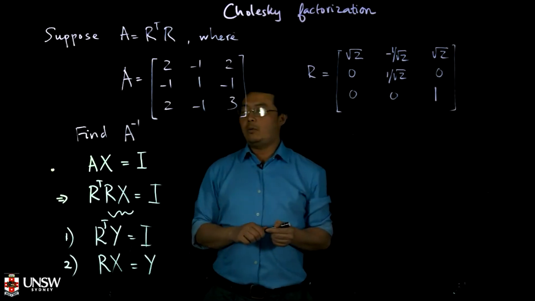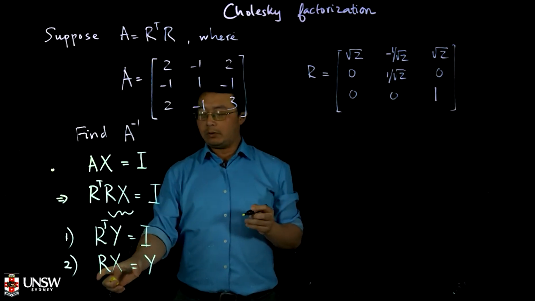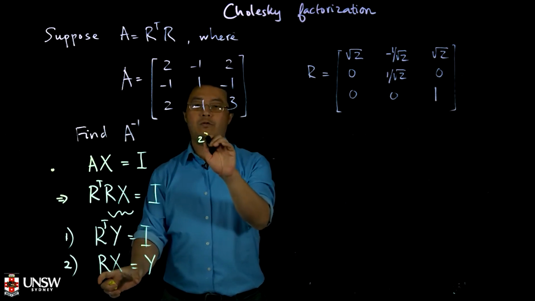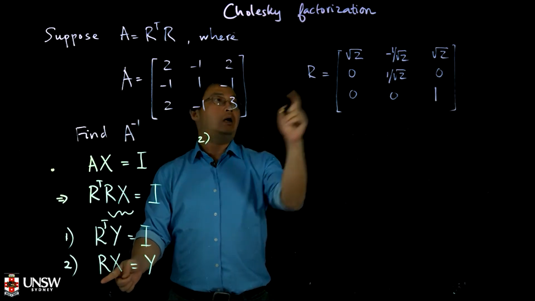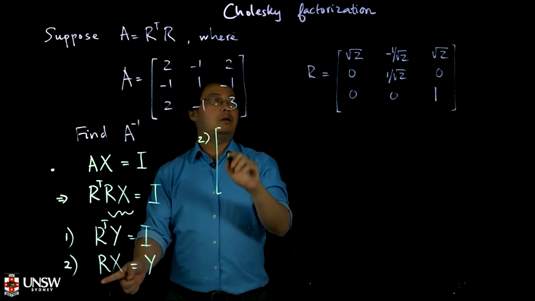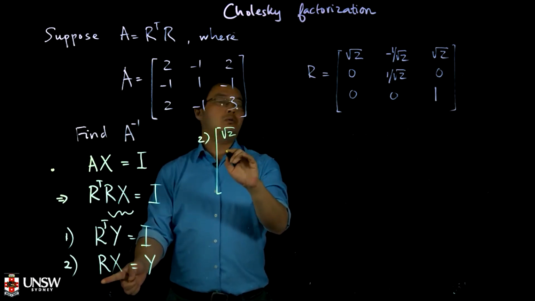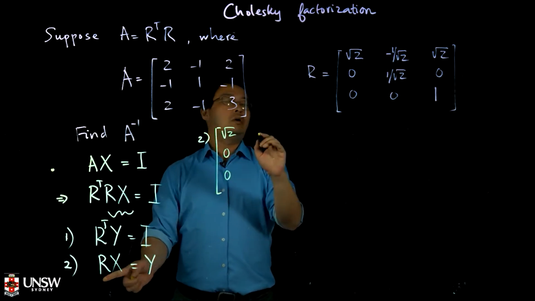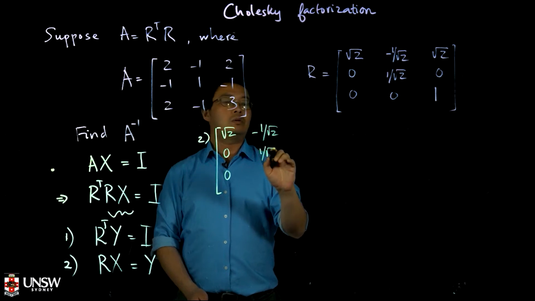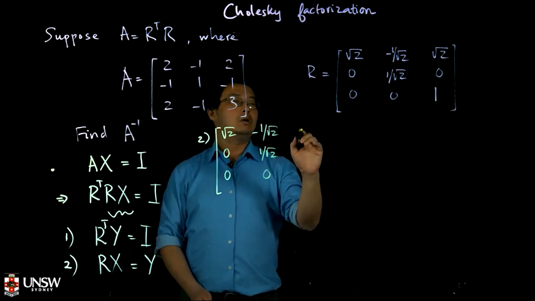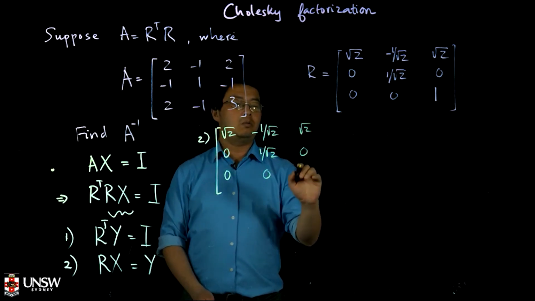Now we have finished the first step, and we have to do the second step. Now I want to solve RX equals Y, and remember the matrix R is given here: square root 2, 0, 0, and minus 1 over root 2, 1 over root 2, 0, and root 2, 0, 1.